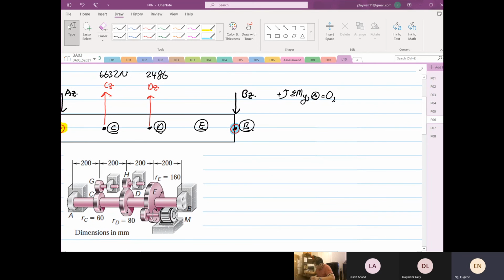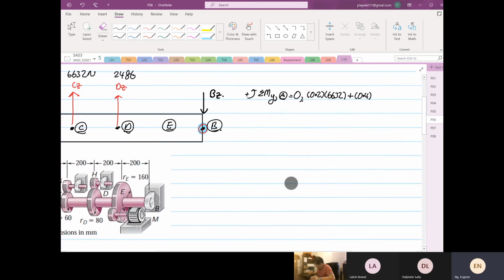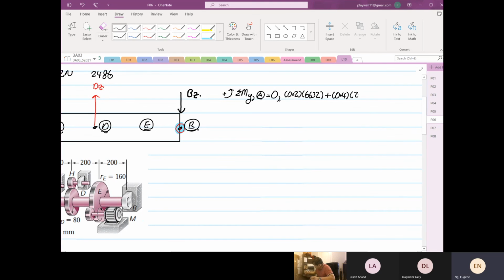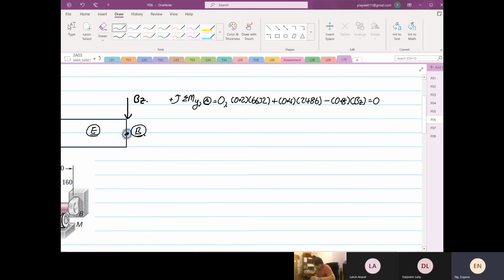So 6632 multiplied by 0.2 is positive, plus 0.4 times 2486, and minus 0.8 multiplied by BZ. Then the whole thing is equal to 0.